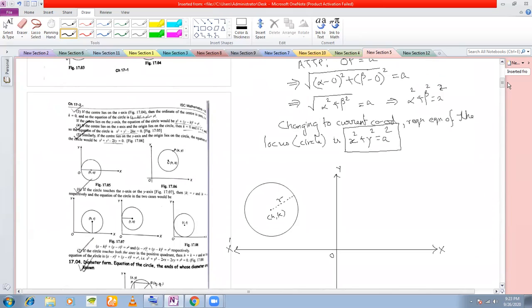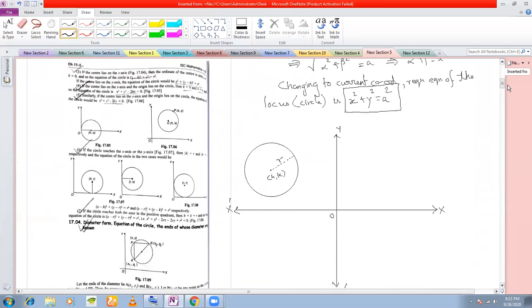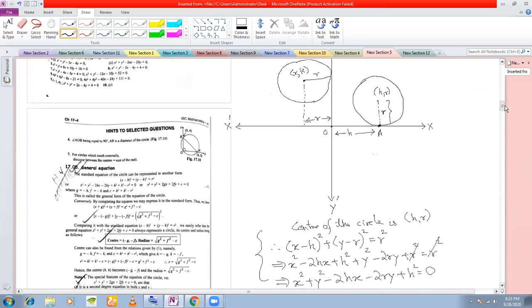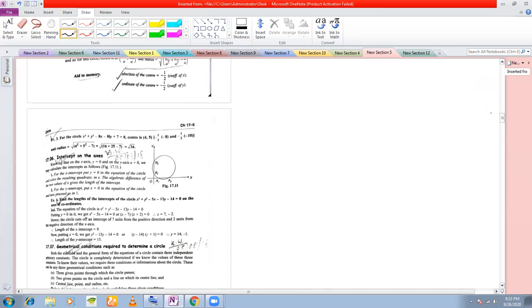The next case is, what if the circle touches both the x and the y axis? Then in that case, what will happen?